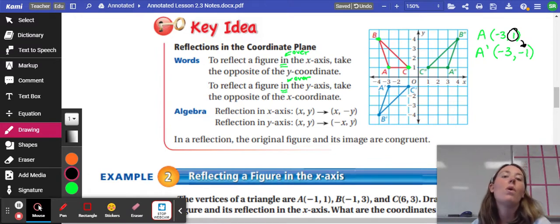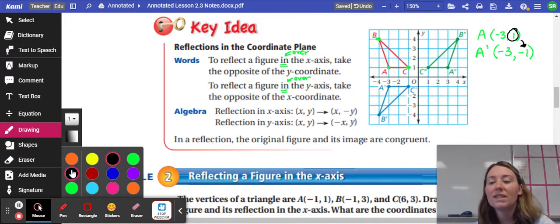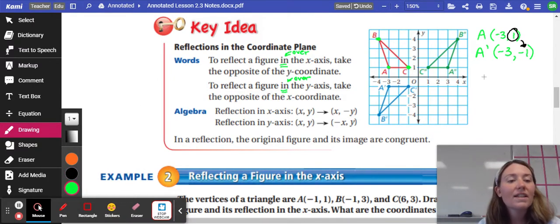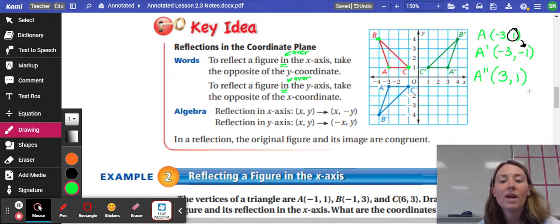That's how we reflect it over the x-axis. Now to reflect it over the y-axis, we're taking the opposite of the x-coordinate. You can use a double prime to show the next figure. And now we're taking the opposite of -3, which is +3. Okay, so A double prime is at 3, 1.